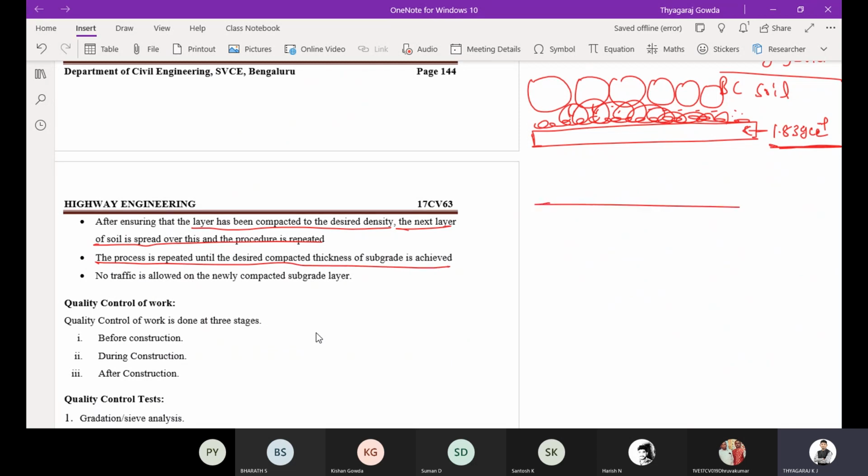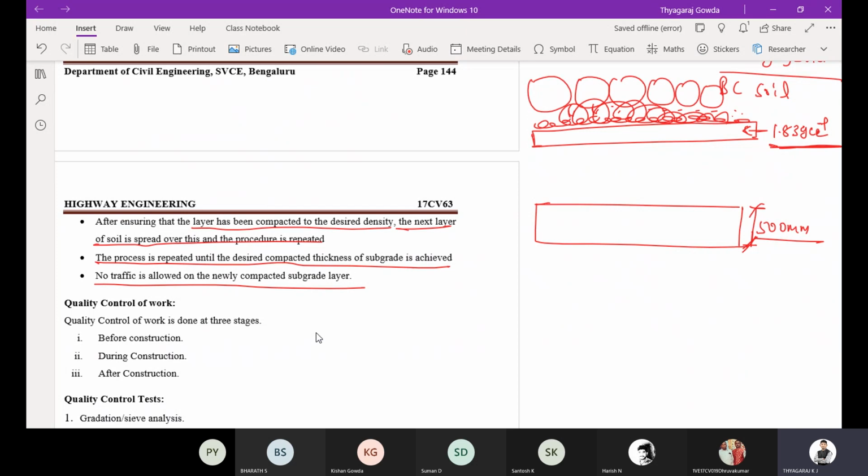For example, if the desired thickness is given as 500 mm, then up to 500 mm you compact the subgrade soil, and no traffic is allowed on the newly compacted subgrade layer.